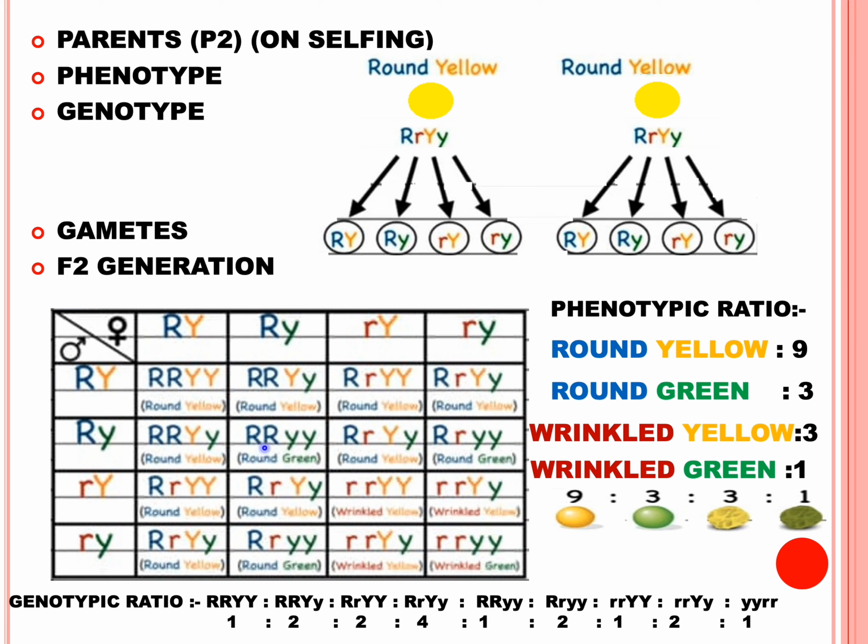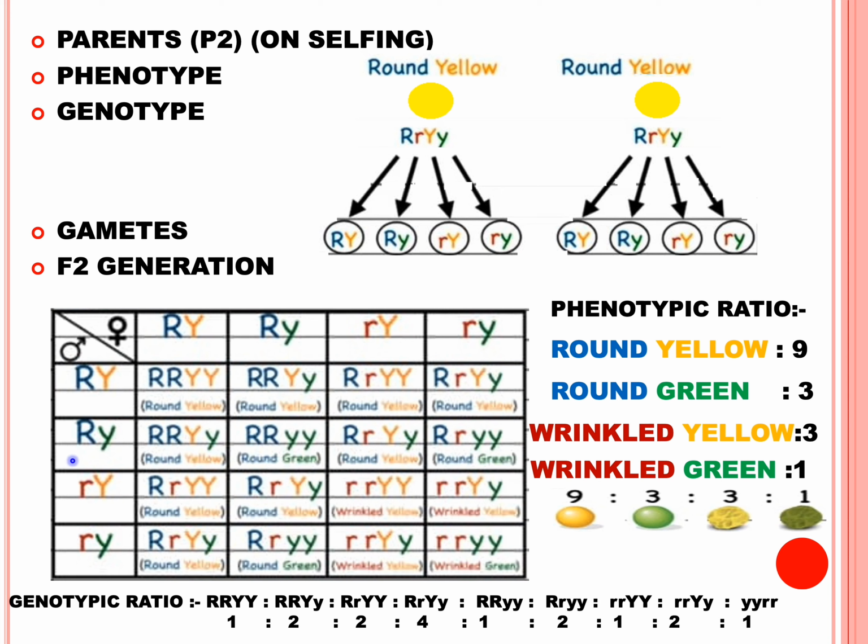This time capital R is the dominant gene or trait, and so the round phenotype would be obtained, but small y, small y are recessive genes for the trait green color. So here the phenotype of the plant would be round shape of seeds with green color.